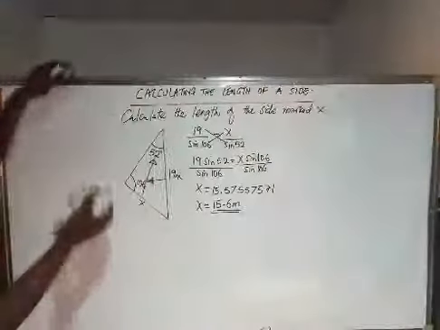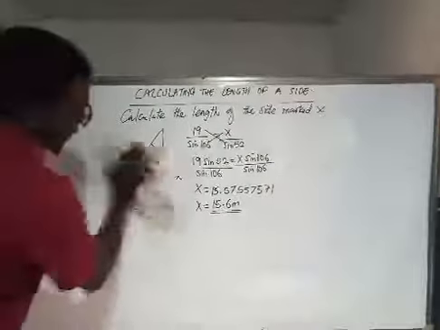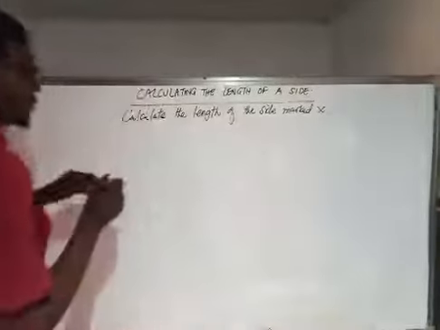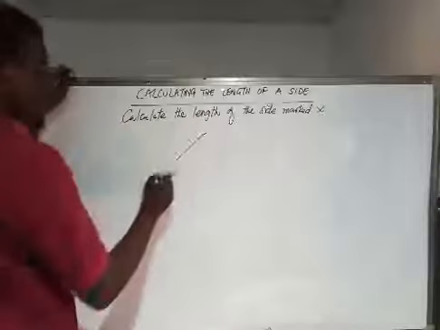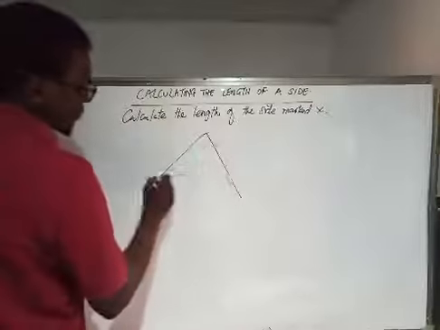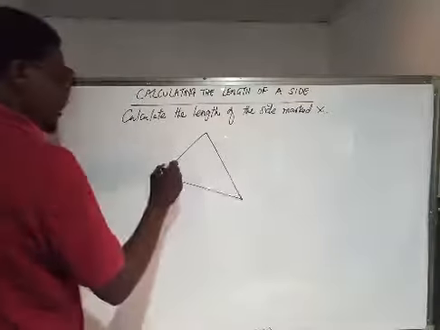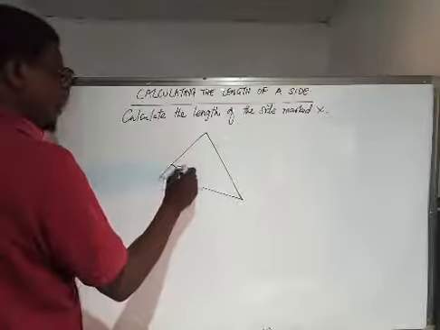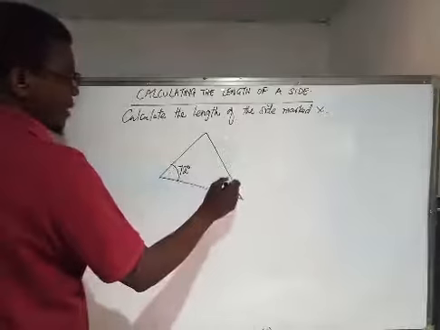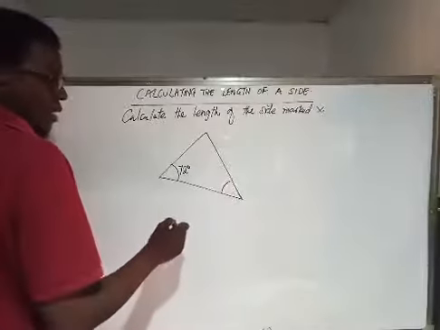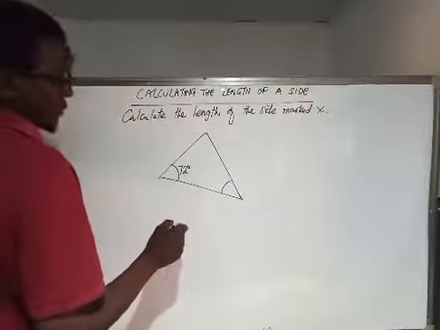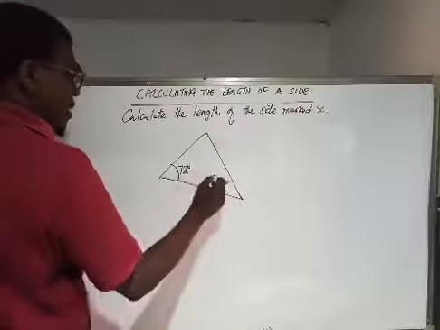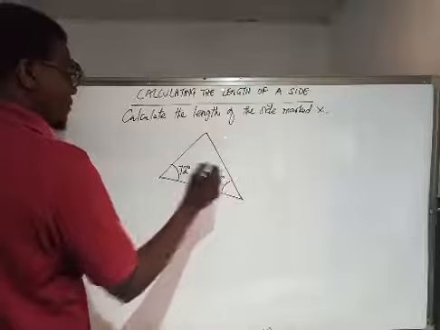Now, it's not always direct, as you may think. At times, the information can be hidden, like in this situation. Let me give you 72 degrees, and here I will say 53.